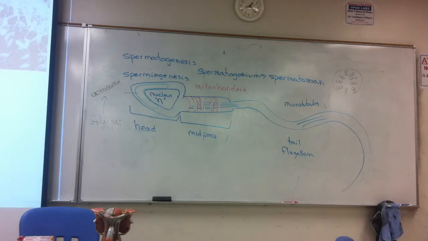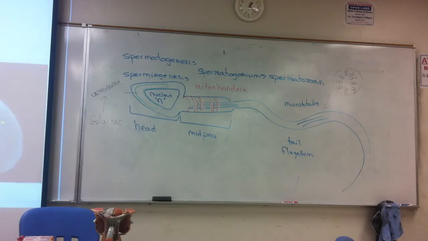So the egg keeps all of those, provides all of those cellular organelles. And now the mitochondria needs a source of energy. So that's a major component of the secretions of the seminal vesicles that we'll talk about in just a moment.